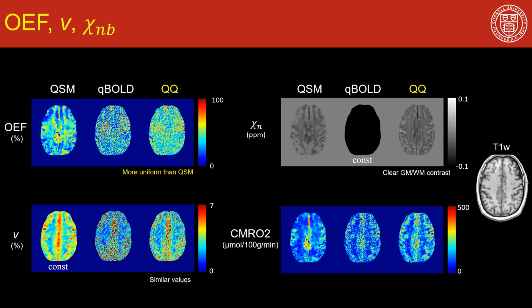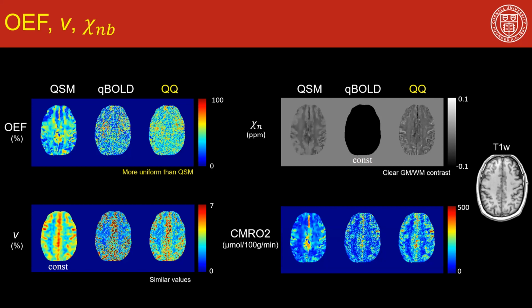Here is the corresponding CMRO2 map. In this CMRO2 map, the QSM-based method shows a lack of CMRO2 contrast between gray and white matter. The error in gray and white matter segmentation or smoothing by the minimal local variance assumption in QSM may cause these local underestimations. Second, qBOLD shows smaller CMRO2 contrast between gray and white matter than QQ.